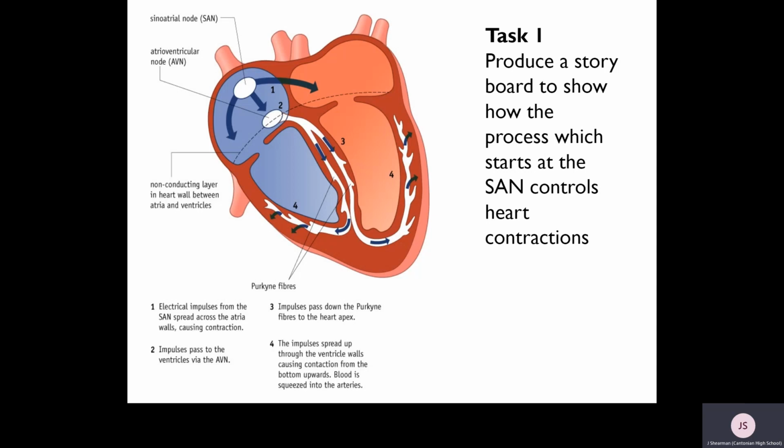You can either find a diagram and copy and paste it, or you can draw it out if that helps. Pause the video here so you've got this on the board, on your screen, or by all means go online and just spend 10 to 15 minutes getting your head around that sequence. I'm now going to move on.